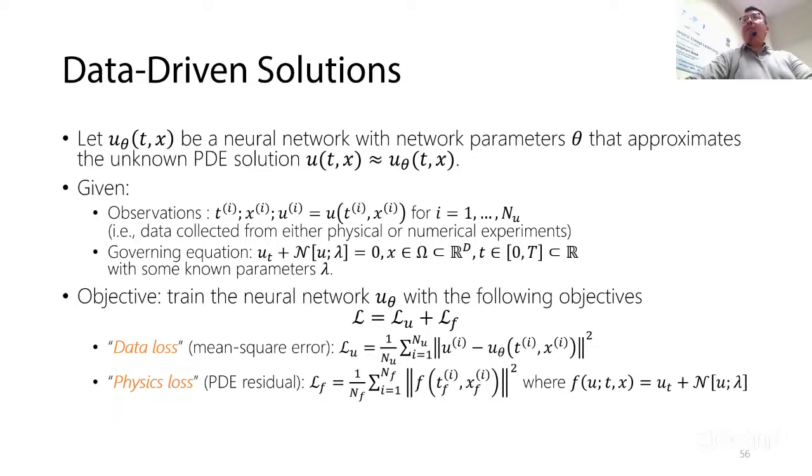Yes, yes. If you have both physical experiment data and numerical data, then you probably want to treat them differently. Since the numerical data is deterministic, practically what people do is add some noise to inject some uncertainty.